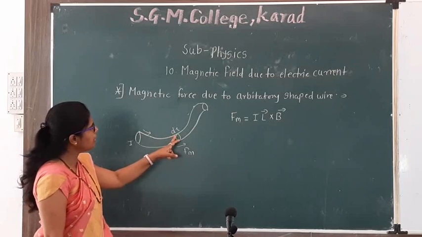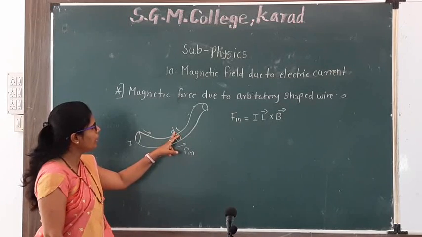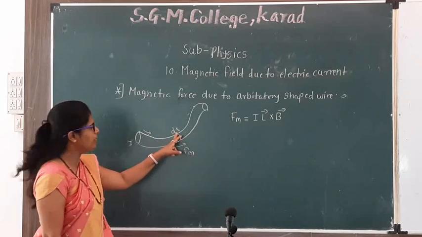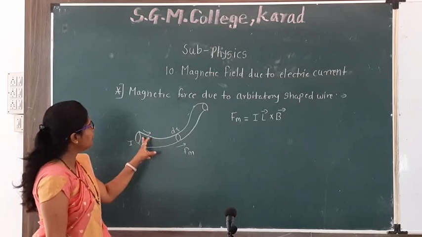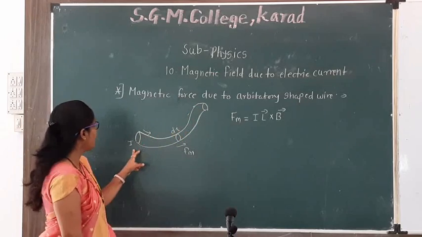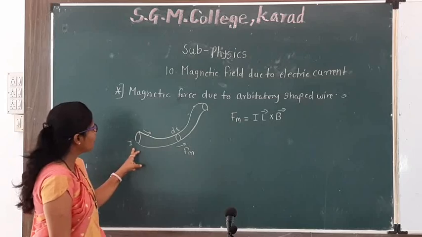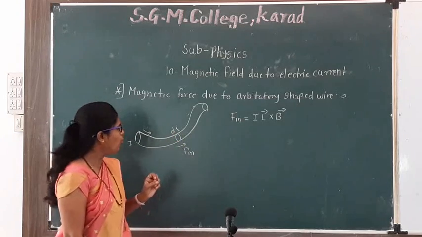Here, consider the length of an infinitesimally small element, the small element of length dl of the arbitrary shaped wire, and I be the current flowing through this arbitrary shaped wire.